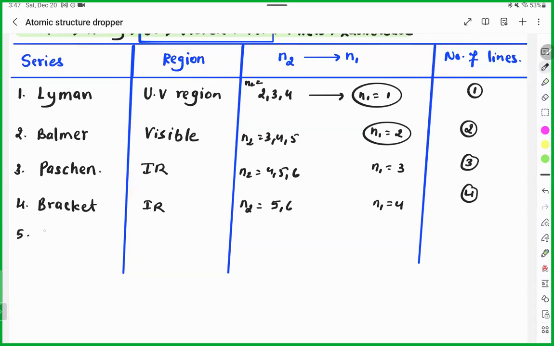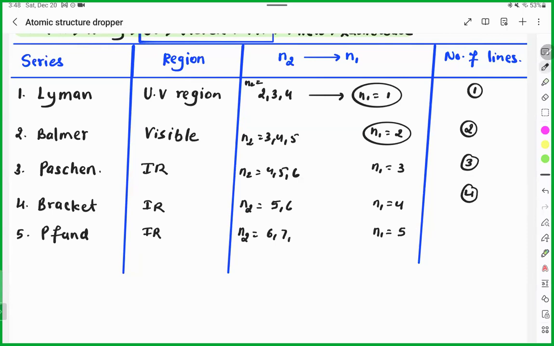Next is Pfund. Again, it is infrared. Sania, what will be the N1 value? So it will be 5. Sarah, what will be the N2 value in this case? So 6, 7.